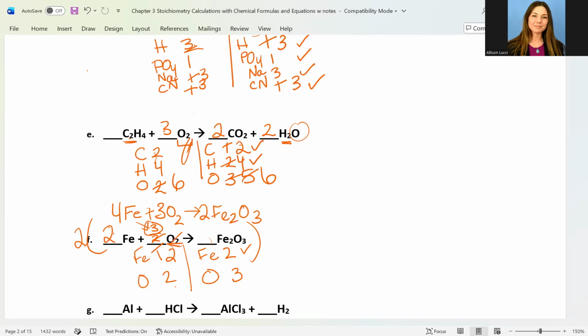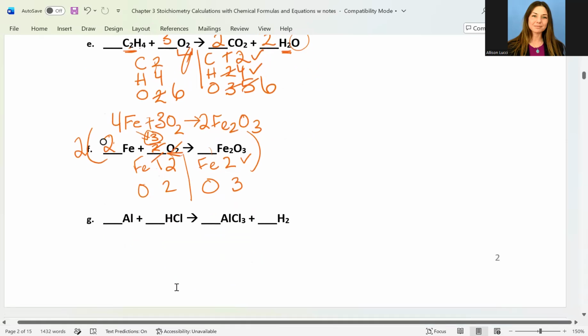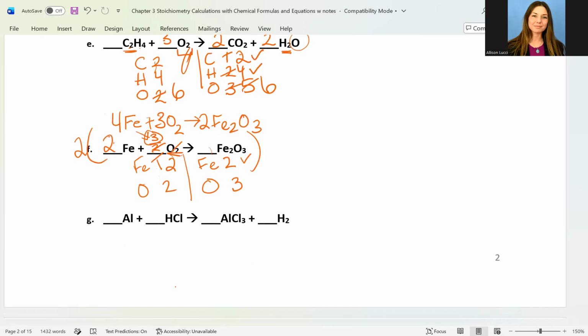All right, we have 2 more, so we'll move a little quicker now. We have aluminum, hydrogen, and chlorine on each side. Let's put our initial amounts, 1, 1, and 1. Over here, I have 1, 2, and 3. All right, so now we want to balance this.